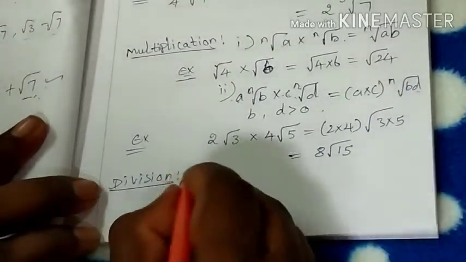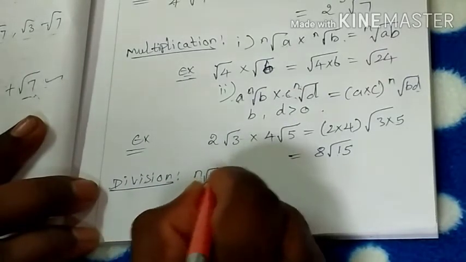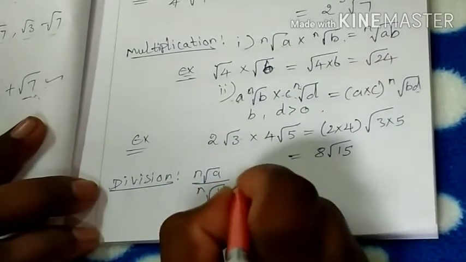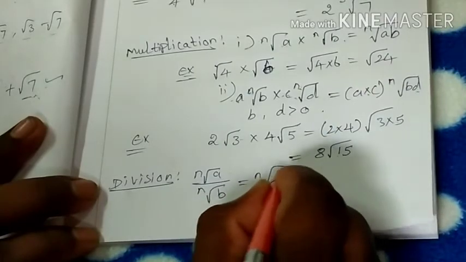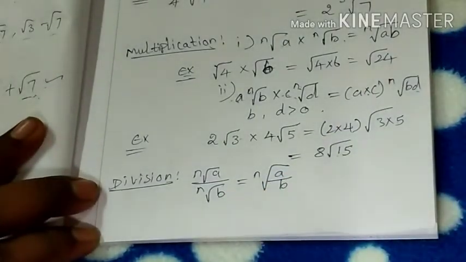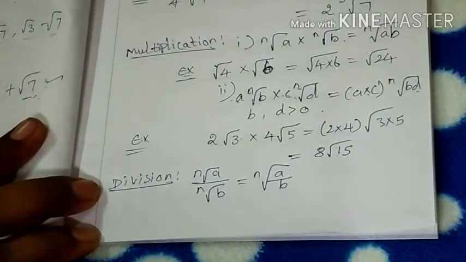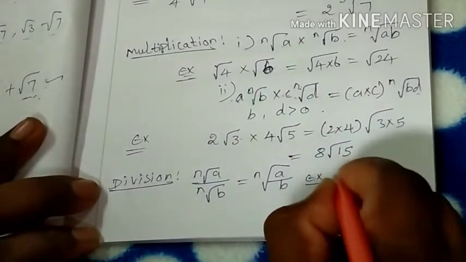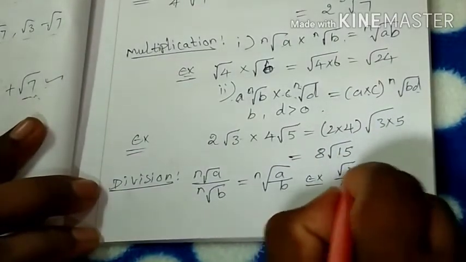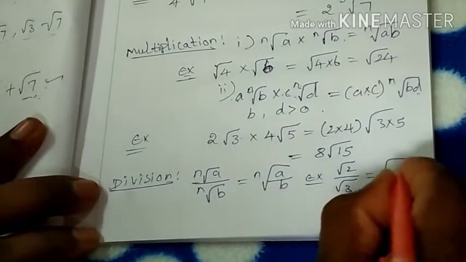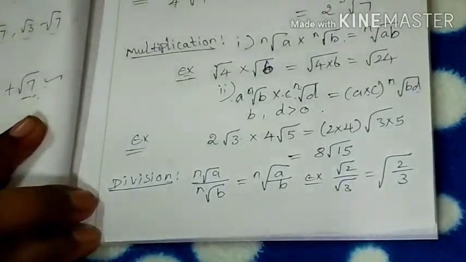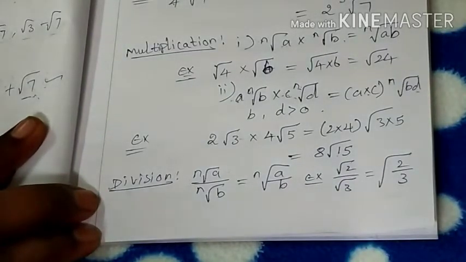Division of surds. The nth root of A divided by the nth root of B is equal to the nth root of A by B. This is your division property. For example, the square root of 2 divided by the square root of 3 is equal to the square root of 2 by 3. That's all. Have you understood the property?